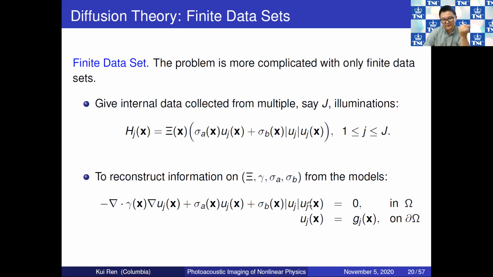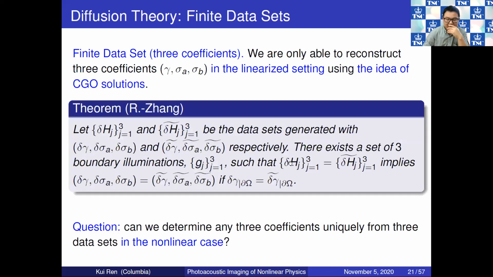You replace this term here by the H because chi you know already. So you can solve that for U. Once you know U, you can solve this for two different U's. Once you know this for two different U's, of course, you can combine them to solve for sigma A, sigma B, right? To form a linear system there. So that is a very straightforward way to do. That's why I know how to solve it.